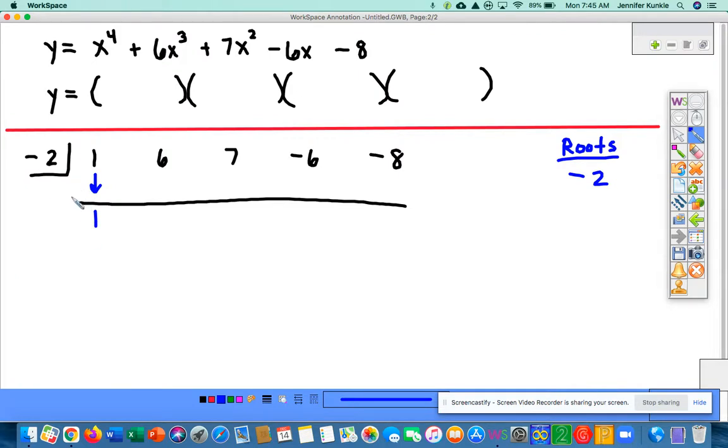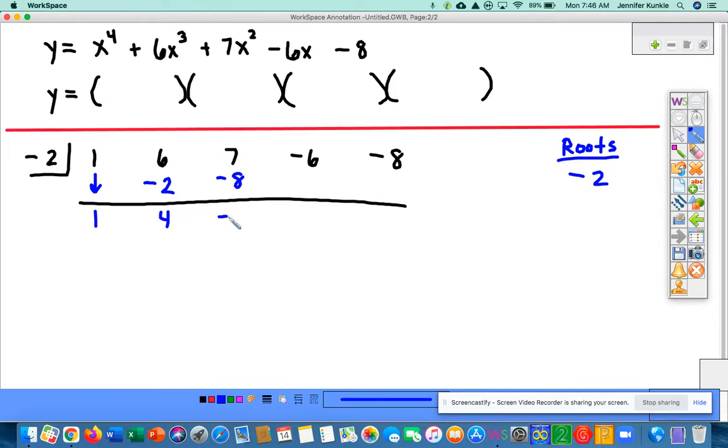The main error I saw you guys making is just small things with positives and negatives. So please take your time doing this so that you can be certain about what you're doing. All right, -2 times 1 is -2. Remember, we're adding these together, so 6 and -2 is 4. -2 times 4 is -8.